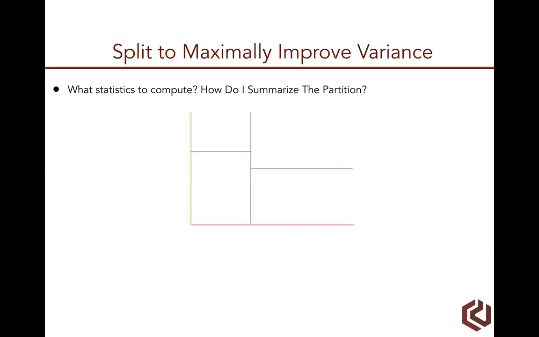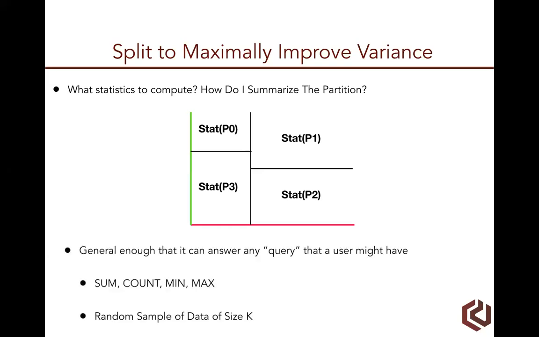Some of these details, like what statistics to compute and how to summarize these partitions: in practice, if you're building a software artifact that implements this, you just calculate a bunch of common statistics. The way that we did this is we took this basic theory, for which we proved results for counts and for sums, and asked, can we build this into a software package? What we ended up doing is just calculating all the statistics a typical user would care about: sums, counts, mins, and maxes.